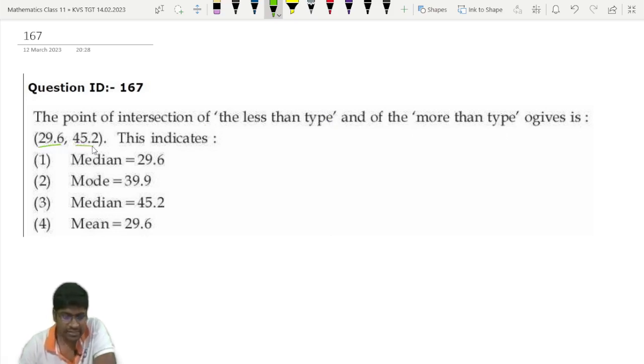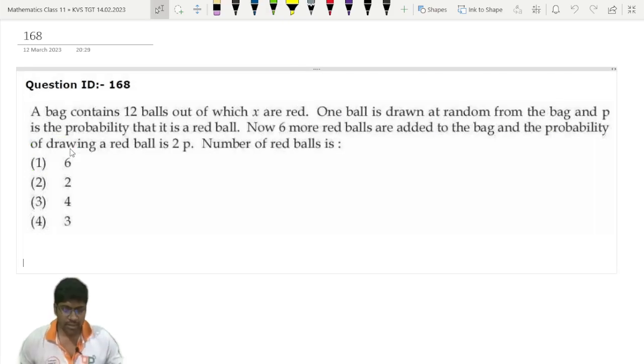You have to remember that where the less than type and more than type ogives meet, the abscissa of that point will be the median of that distribution. So median will be equal to 29.6. So option number 1 is the correct answer. Next we will move to question number 168.